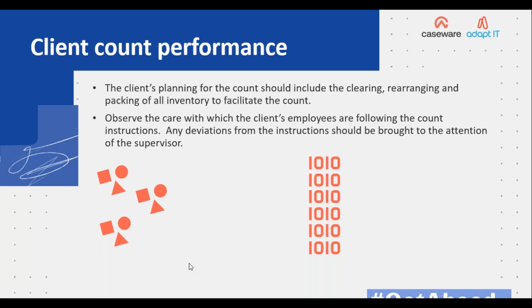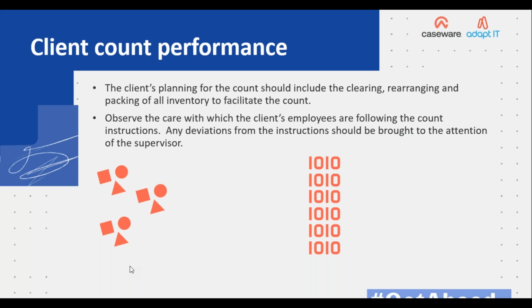If you can't observe the count, then you can inquire from more than one employee, ask them about the count and corroborate with the instructions. You're going to ask based on the instructions that you've received from the client.